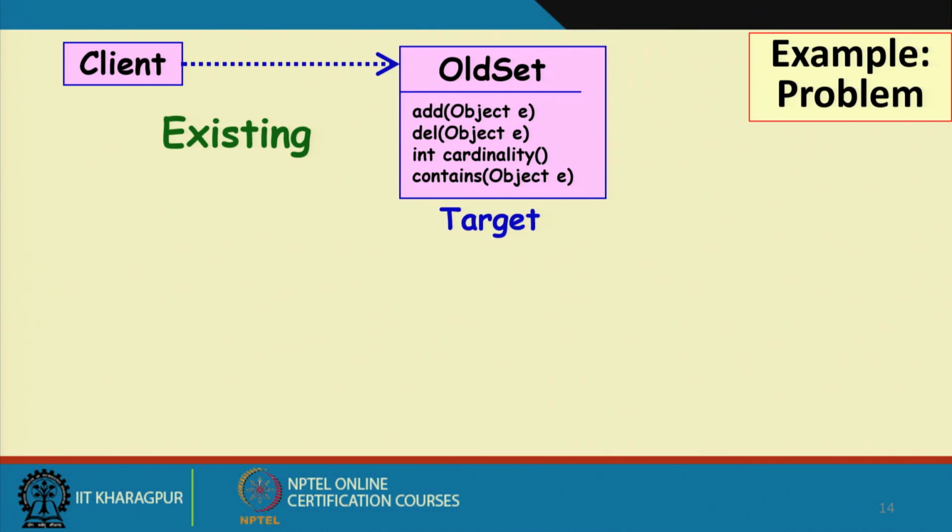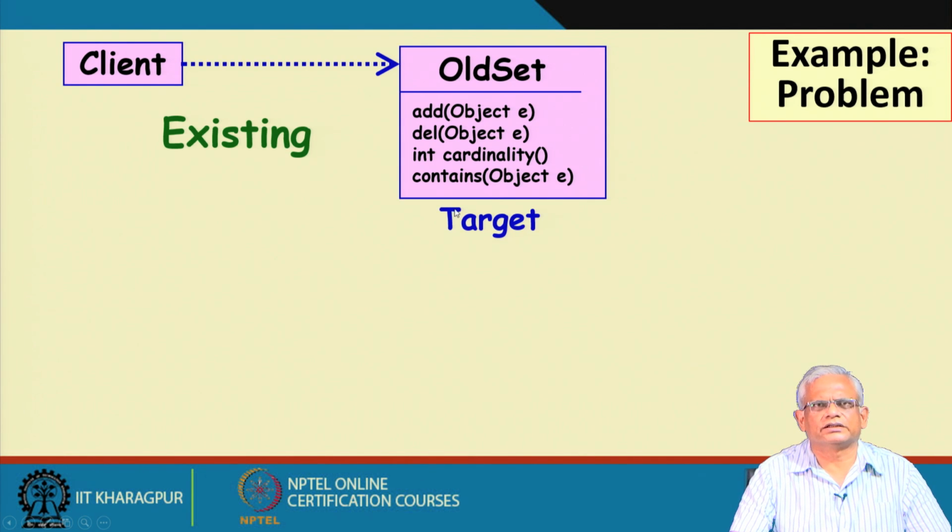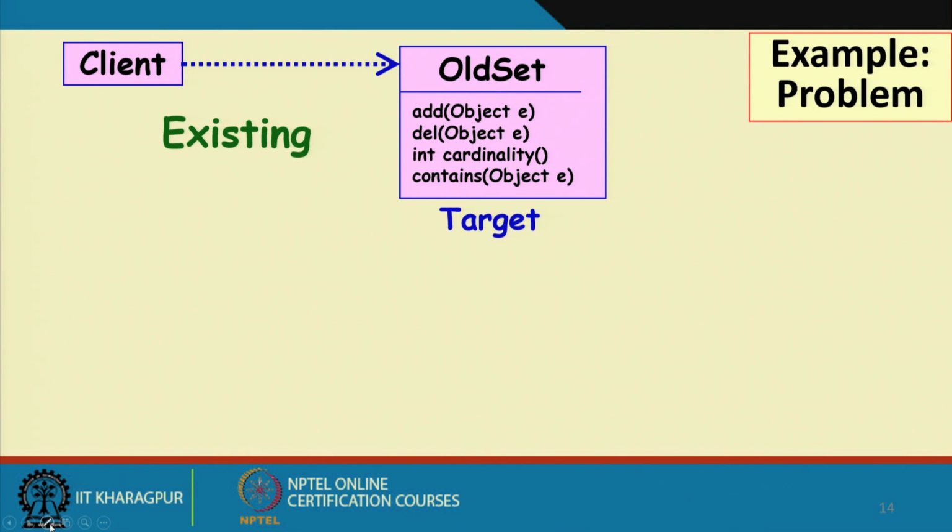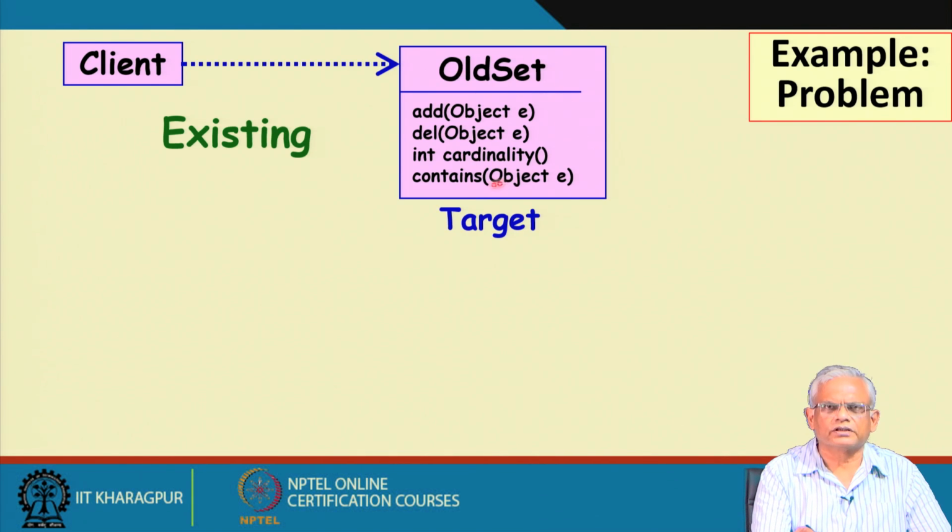Now, let us look at the same example of a set adapter using the class adapter pattern. The problem that we are discussing is that we had an old set, which is the target. The target interface is add, delete, cardinality and contains.